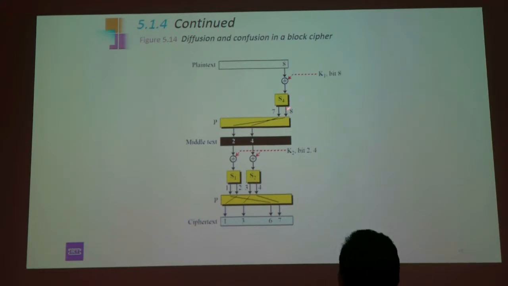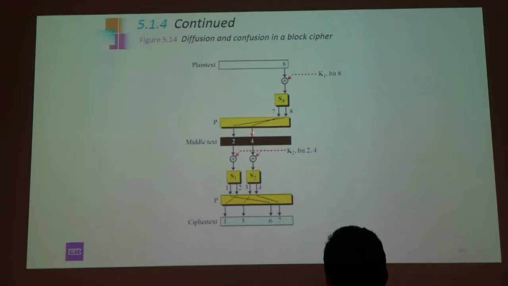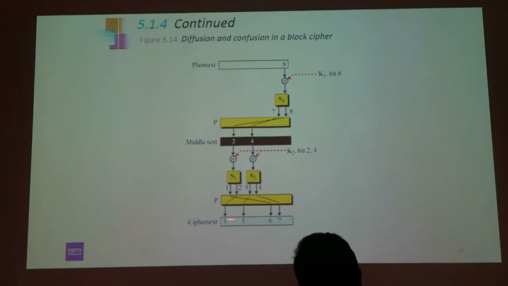Then in S4, which is substitution, the input value is substituted with something else. Then in this permutation box, bit number 8, for example, went to 4, and 7 went to 4, I'm sorry, 7 went to 4 and 8 went to 2. Then here in the middle text, again we XOR it with a different key. Now, we start from the 8 that came here to 2, to here 4, for example, and again another one.